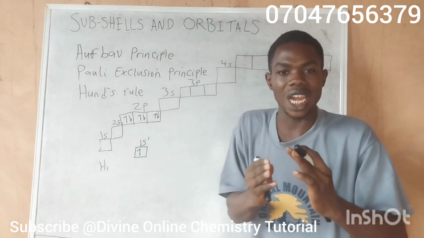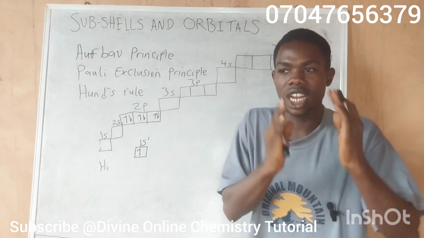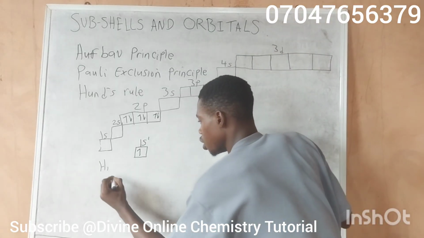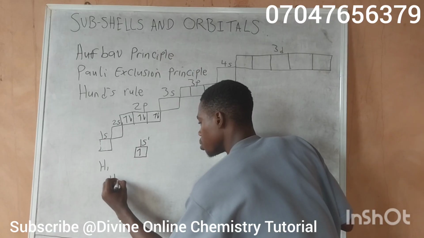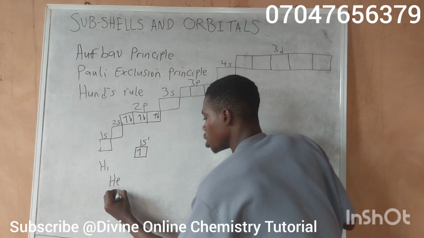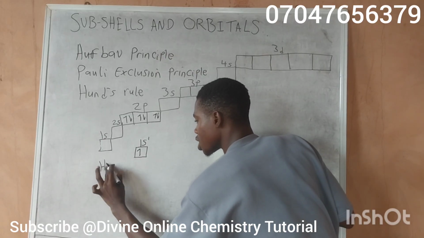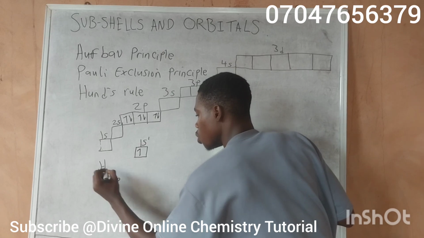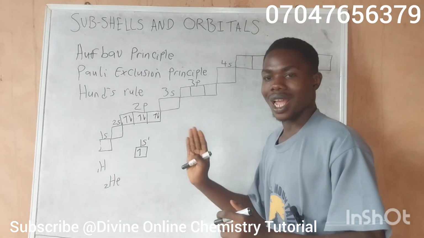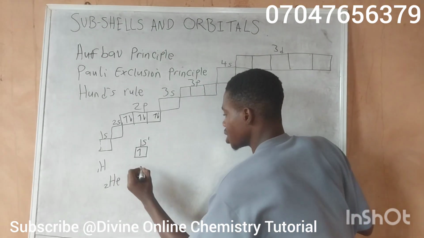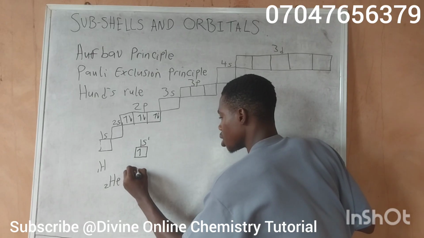Now let's move to the second element in the periodic table, which happens to be helium. The atomic number of helium is 2, which means helium has 2 electrons. So you sketch the diagram like this.